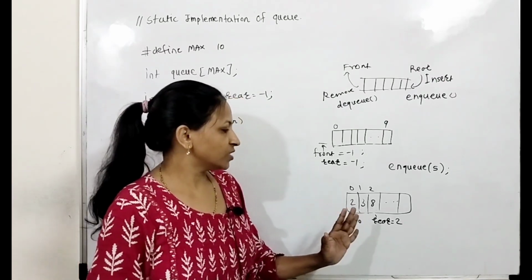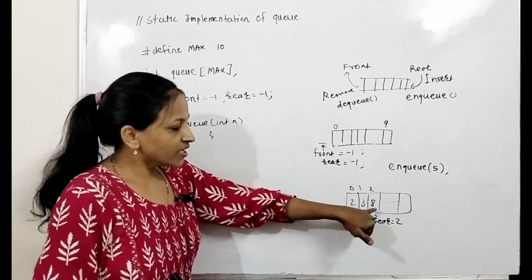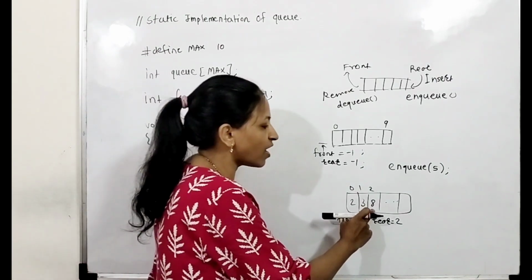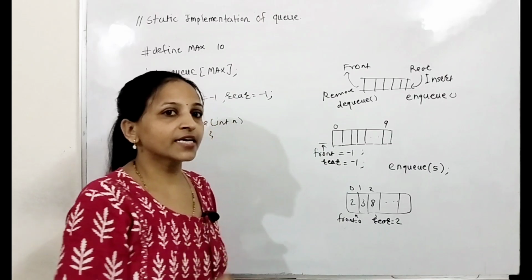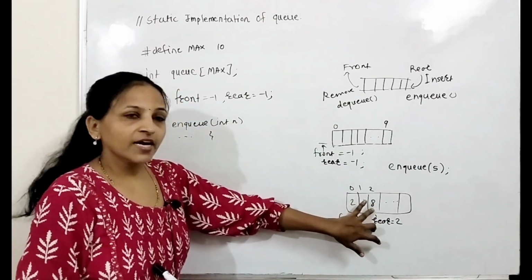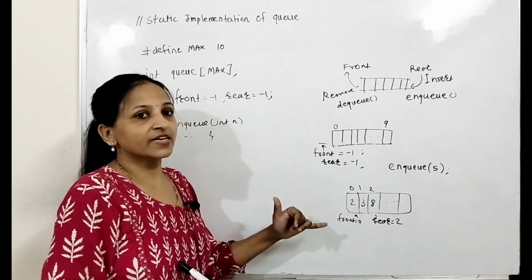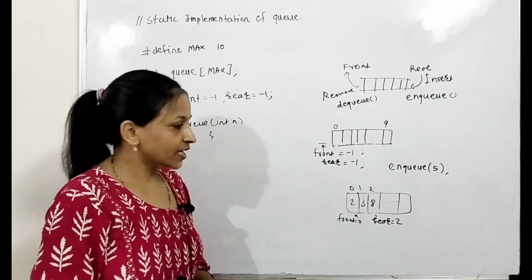Now how can we do this? Suppose front and rear both are the same, which means there is only one element in that Q. In that case we will just remove that element and assign -1 to front as well as rear. Getting?